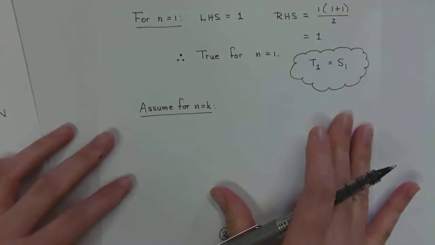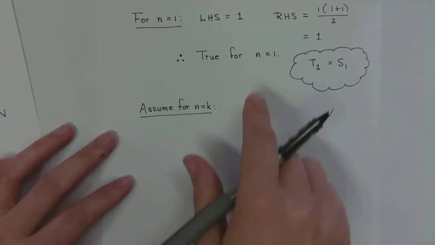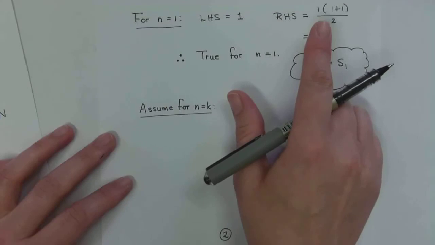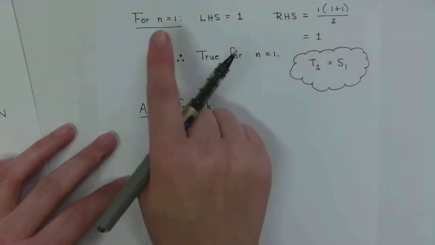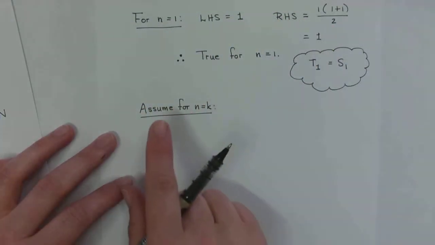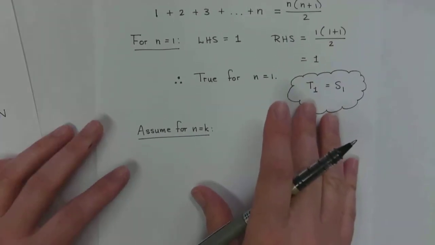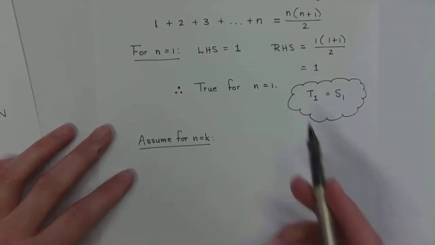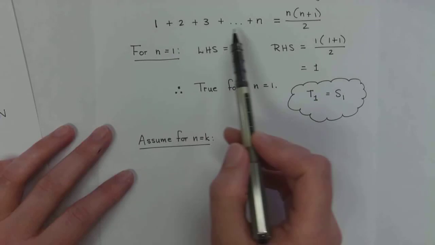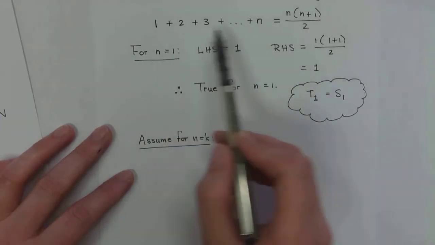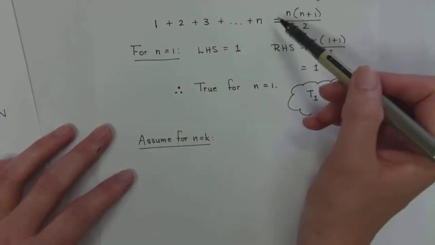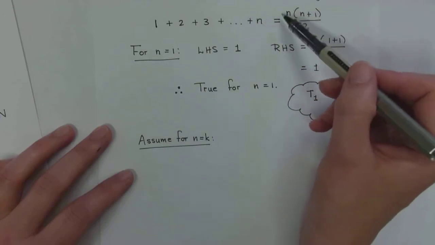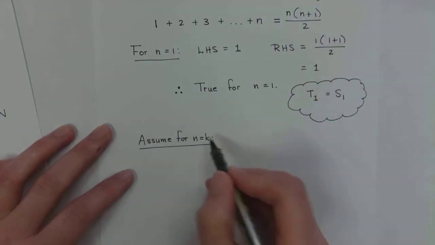Now, because we are assuming it's true, I'm not going to split it up in a left-hand side, right-hand side like I did up top here. Because here we're trying to prove that it's true. Here we are assuming it's the truth. So all this step entails is I'm going to rewrite this exact same statement, exactly what I wrote there. But now, instead of having n over here, I'm going to substitute it with k.